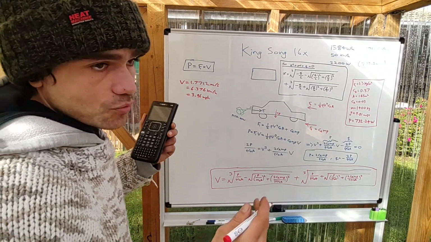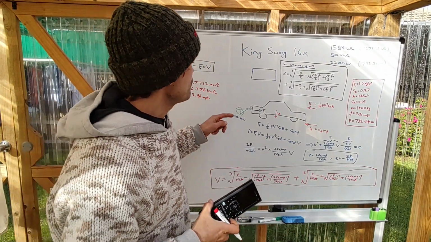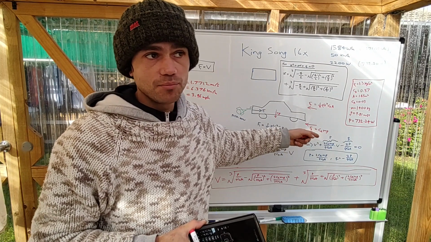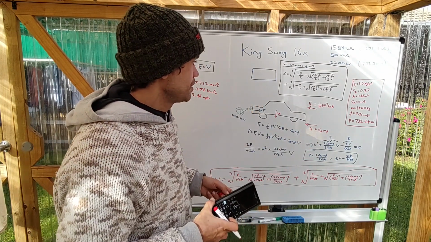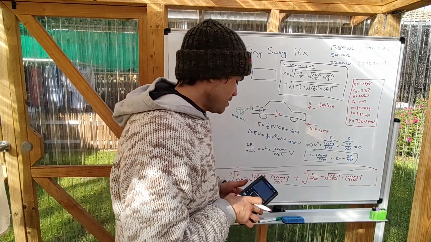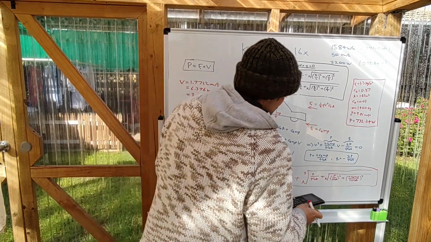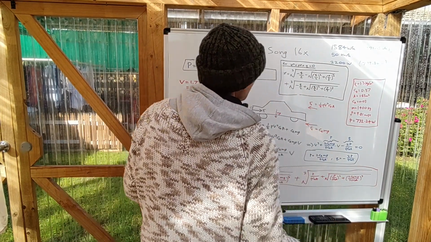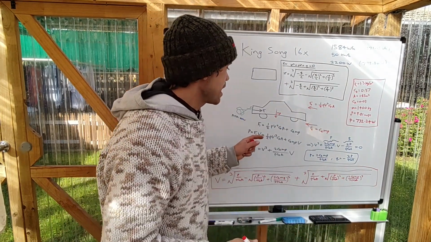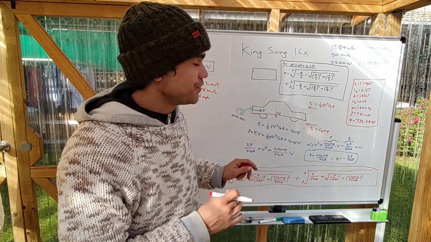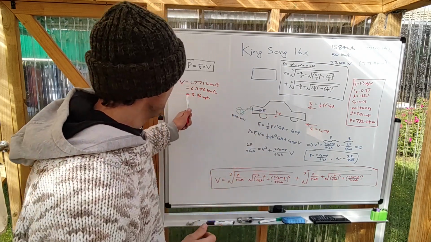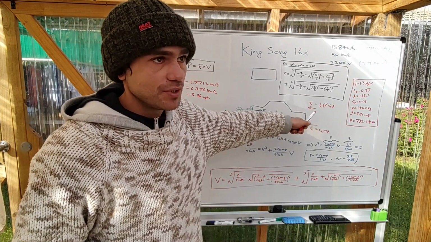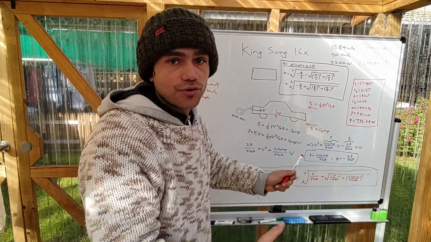Alright? But what we wanted to find out was how far could we push this car before the battery runs out. So we're pretty much there. The next step to find that answer is very simple. All we've got to figure out is how long can we push it for. Because we've figured out how fast we're going to be pushing it. But how long are we going to go for?